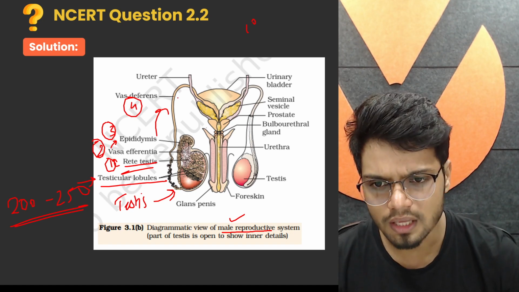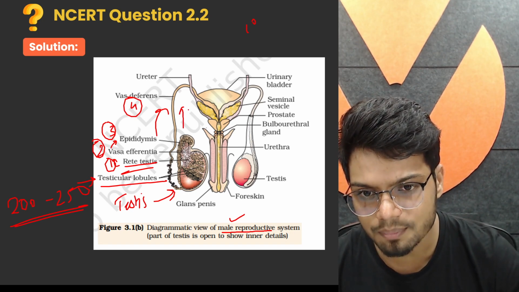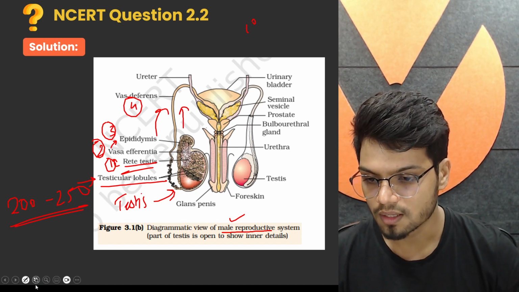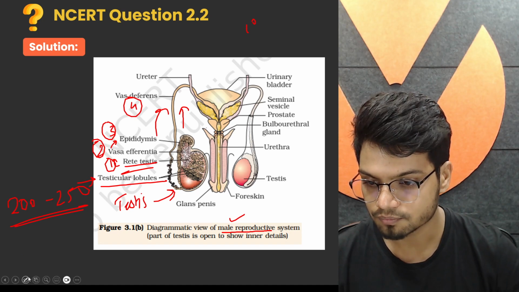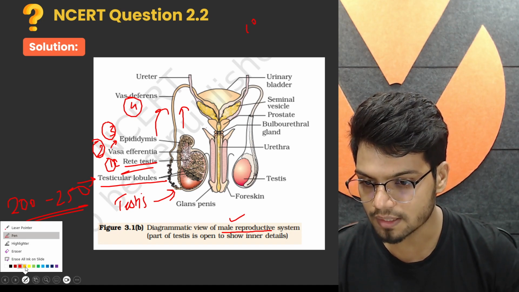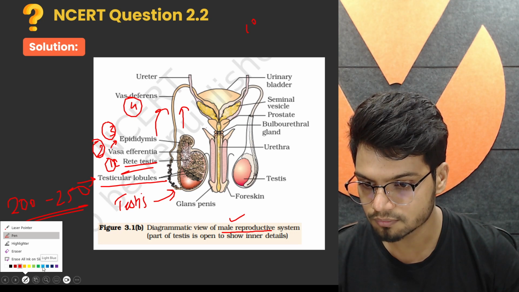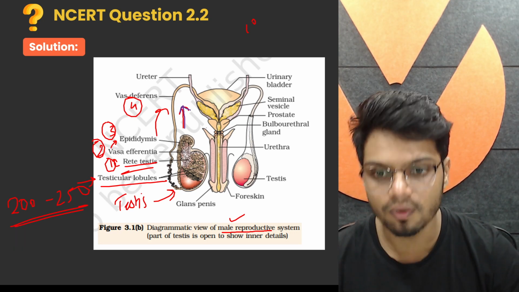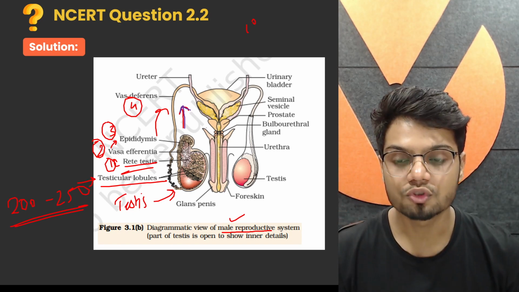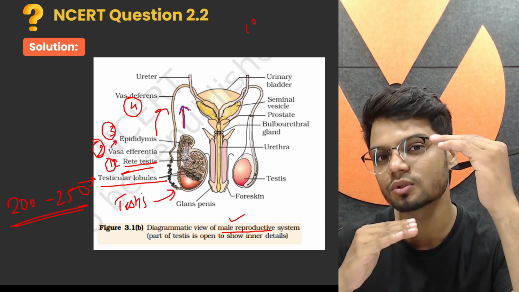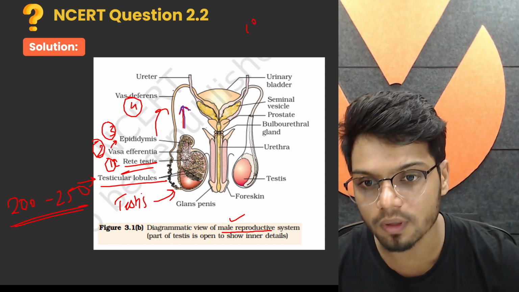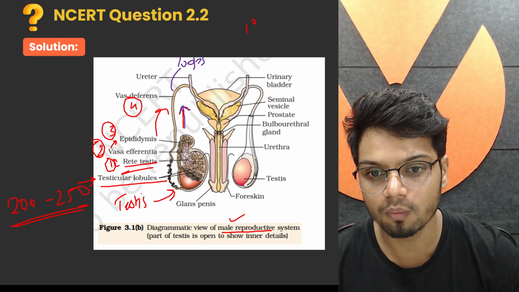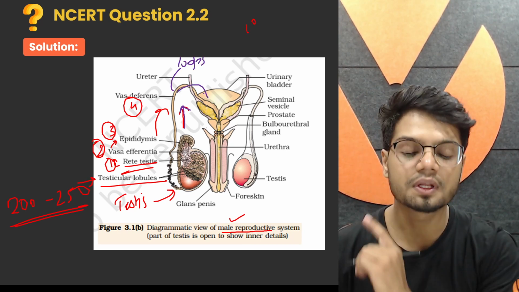Now if you look closely, the vas deferens is ascending upwards. Let me change the color to purple. So the vas deferens is ascending upwards to the abdomen, and it loops over the urinary bladder.